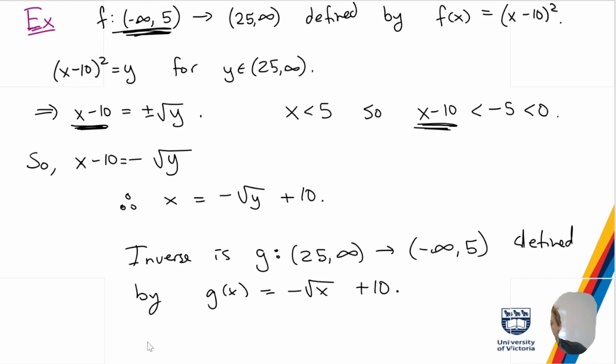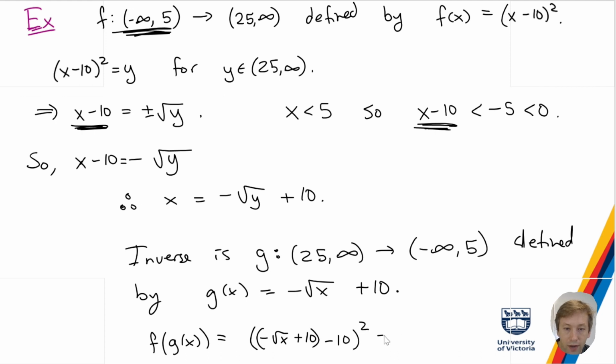Okay, if you double check, you'll see that if I take f of g of x, we want to plug in g of x, so we get negative root x plus 10 in the place of x. And then we have a minus 10 squared, so that's going to be negative root x squared. And this was for x in the domain of g, so x has to be above 25, so it's a positive number.